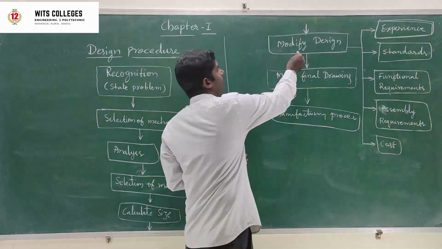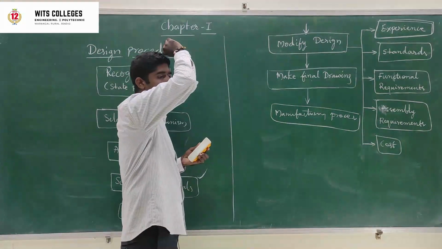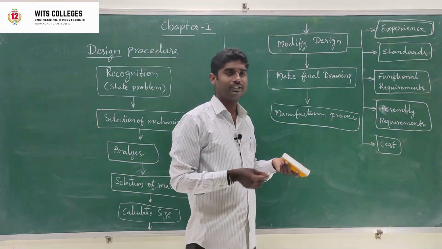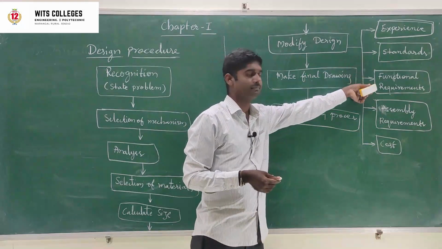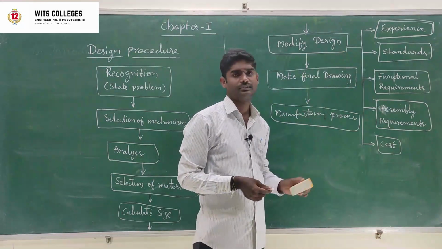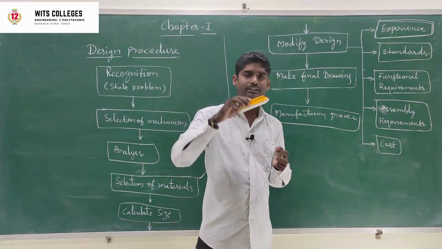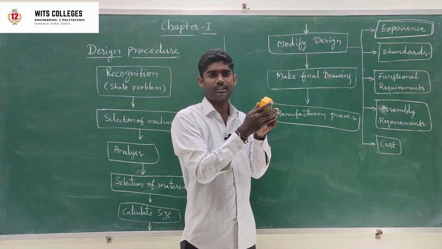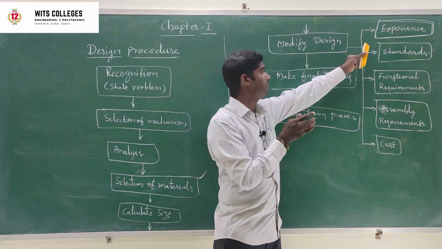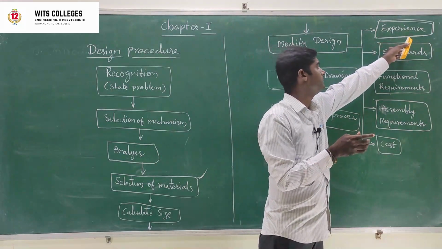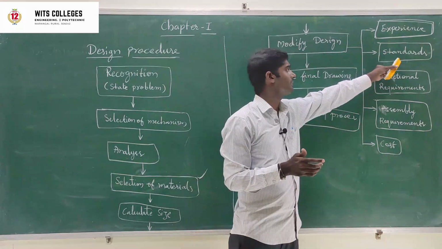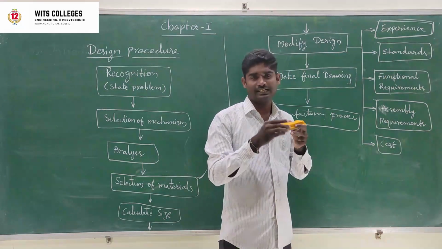Next, go for modifying the design. If you want to modify the design, we consider some steps. Like experience. Already we are using this duster. This is experience. So depending upon our experience we modify that product. Next, standards. What standards are there?